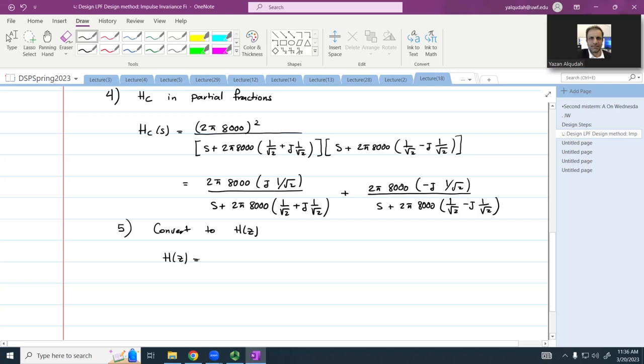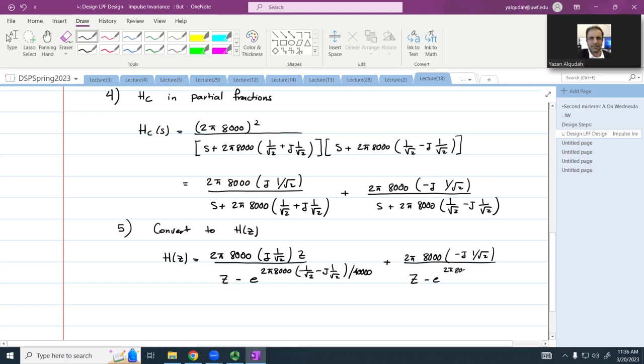H of z is going to equal 2 pi multiplied by 8,000 multiplied by j 1 over square root of 2 multiplied by z divided by z minus e to the 2 pi multiplied by 8,000 multiplied by negative 1 over square root of 2 minus j 1 over square root of 2 divided by 40,000, plus 2 pi multiplied by 8,000 multiplied by negative j 1 over square root of 2 divided by z minus e to the 2 pi 8,000 multiplied by negative 1 over square root of 2 plus j 1 over square root of 2, and this is divided by 40,000.